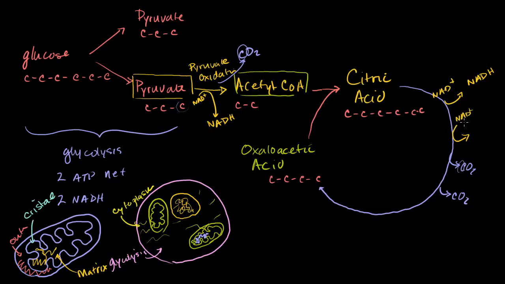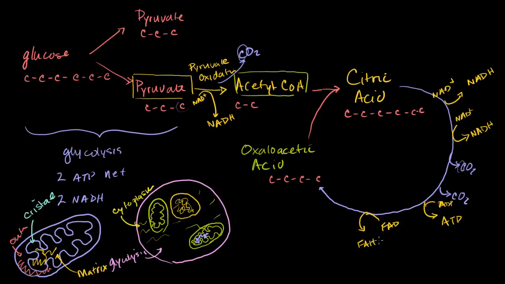Another NAD plus molecule will be reduced to NADH. Maybe we'll produce some ATP, or some ADP will turn to ATP. ADP turning into ATP. Maybe we have some, and not maybe, this is what happens. Some FAD gets, let me write it this way, some FAD gets reduced into FADH2.